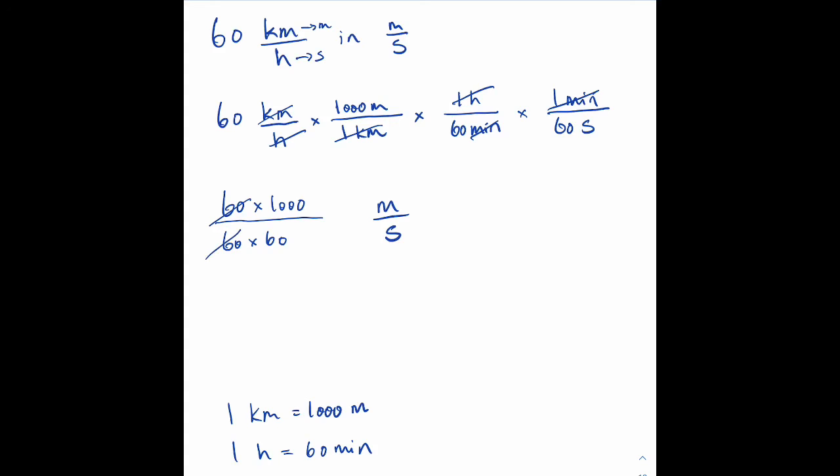I can cross out one of those 60s and be left with 1,000 over 60 meters per second, which is the same thing as 100 over 6 meters per second, which I believe works out to 16.67, 16 and 2/3.